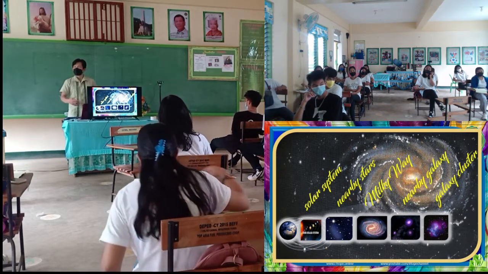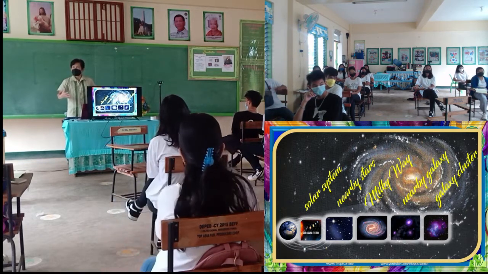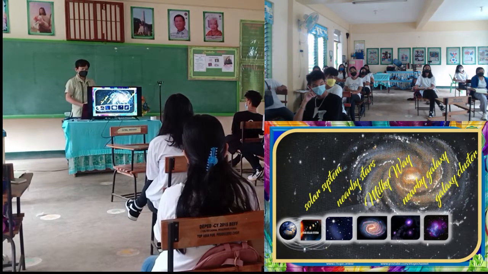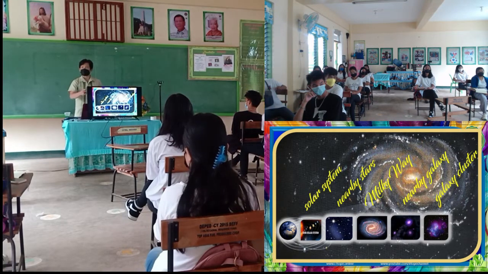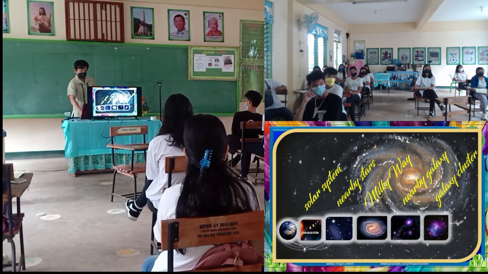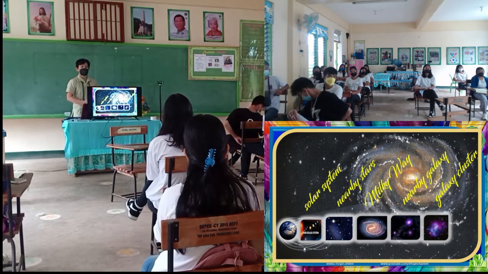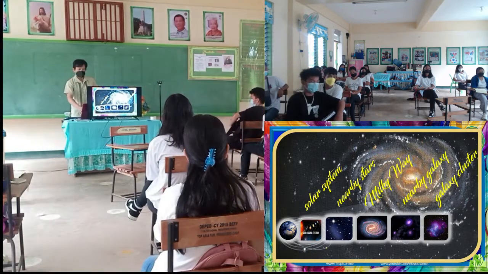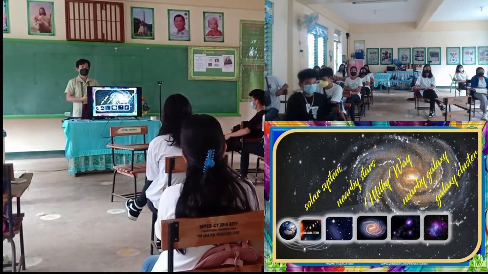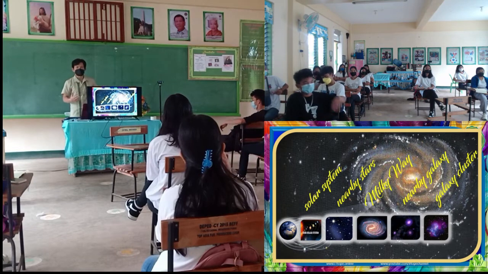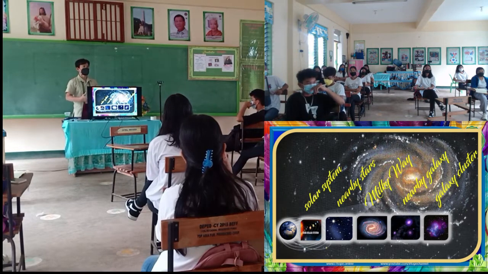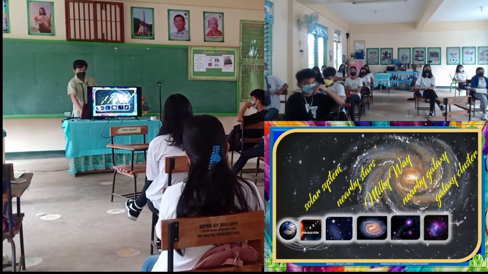We have the solar system, in which Earth is part of that solar system, and the sun is the center of that solar system. And then next is the stars. Of course, the sun is the nearest star. But aside from the sun, there are also numerous nearby stars around us.